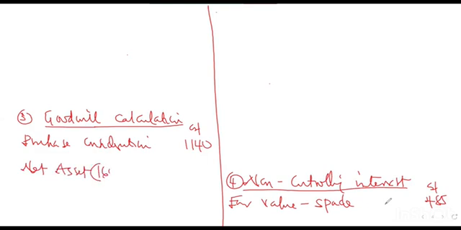So what is the parent portion? 1,600 minus 485. What are we having? 1115. Okay. So the portion of the net asset that the parent is buying is 1115.